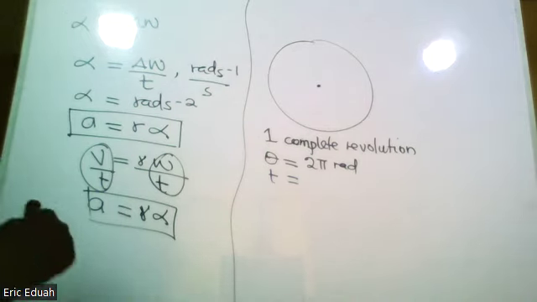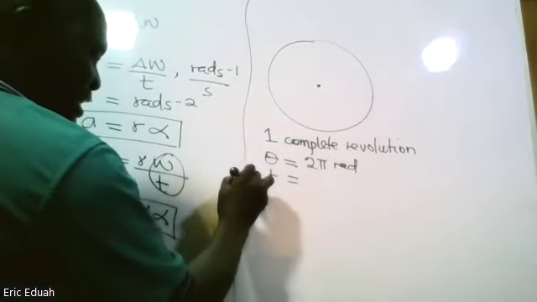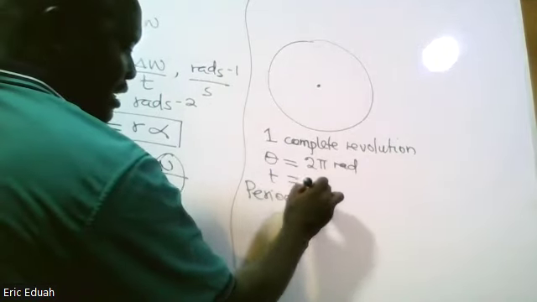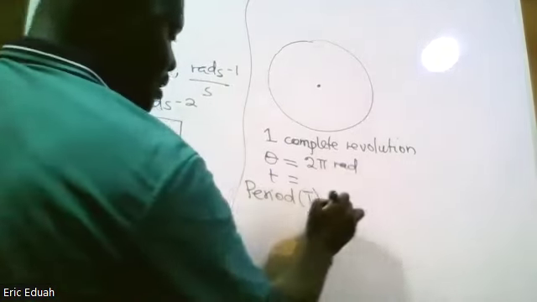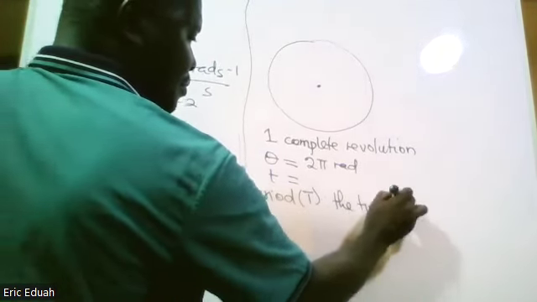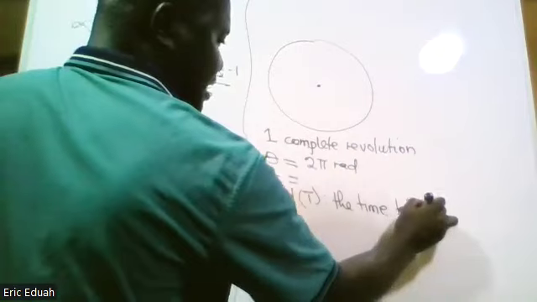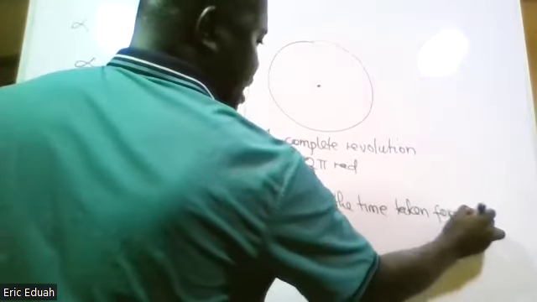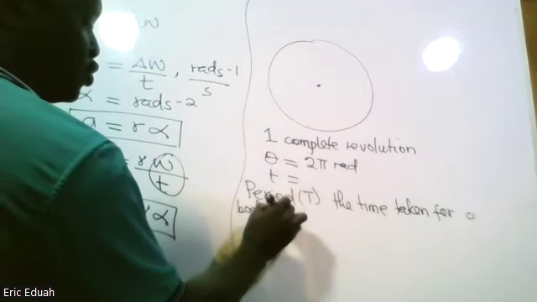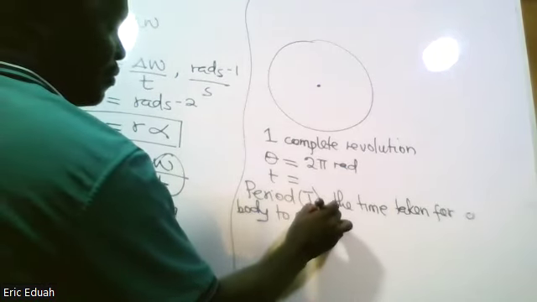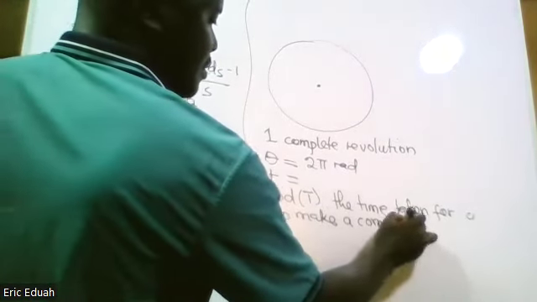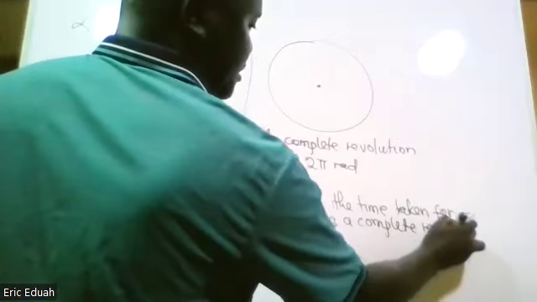So the period, capital T, is defined as the time taken for a body to make a complete revolution.